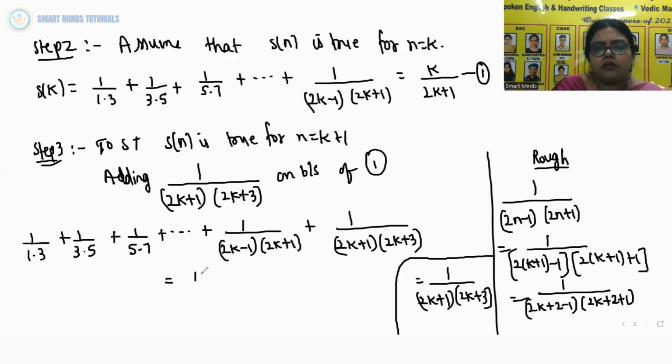That is equal to k by 2k plus 1 plus 1 by 2k plus 1 into 2k plus 3. Now we have to solve this RHS further.